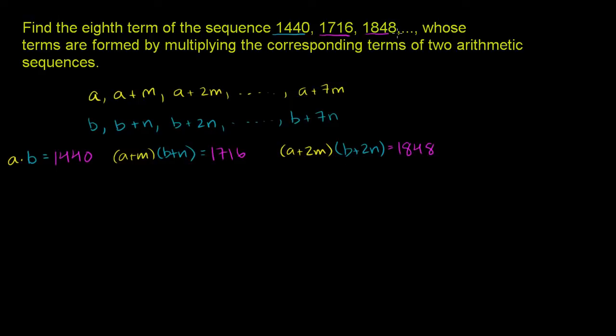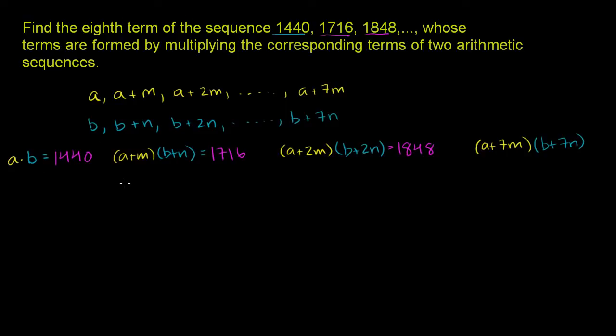And if we want the eighth term of this sequence, we just have to take this product right over here. So the eighth term is going to be a plus 7m times b plus 7n.